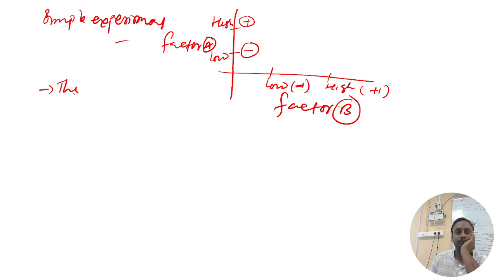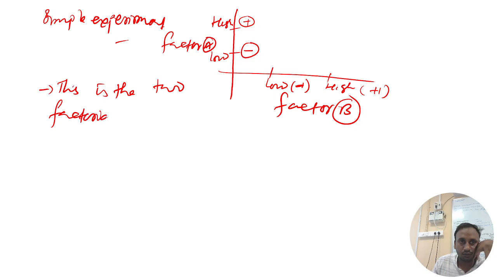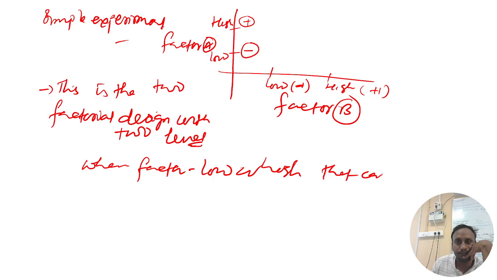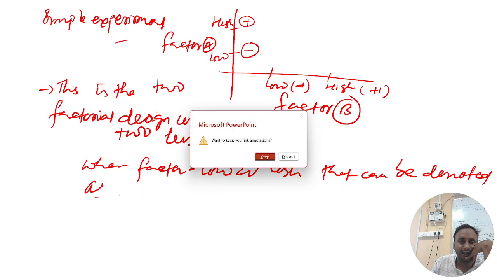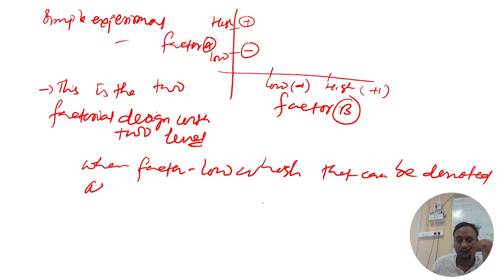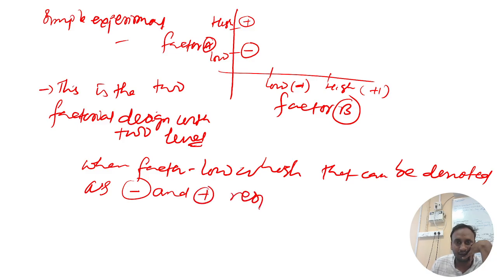This is a two-factor factorial with two levels. So when we say the factor is low or high, that can be denoted as minus and plus respectively.